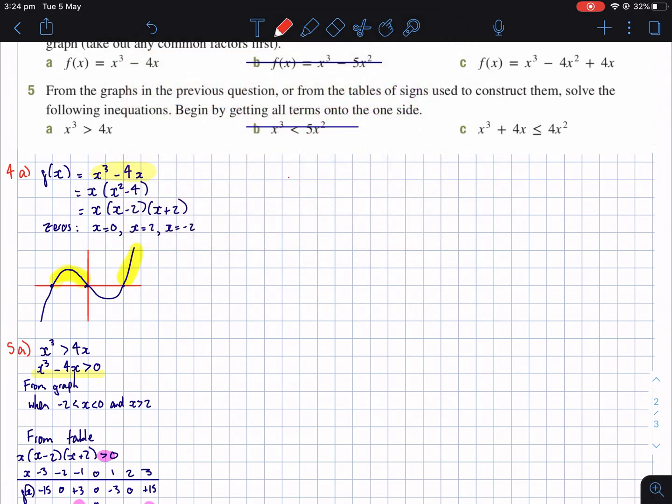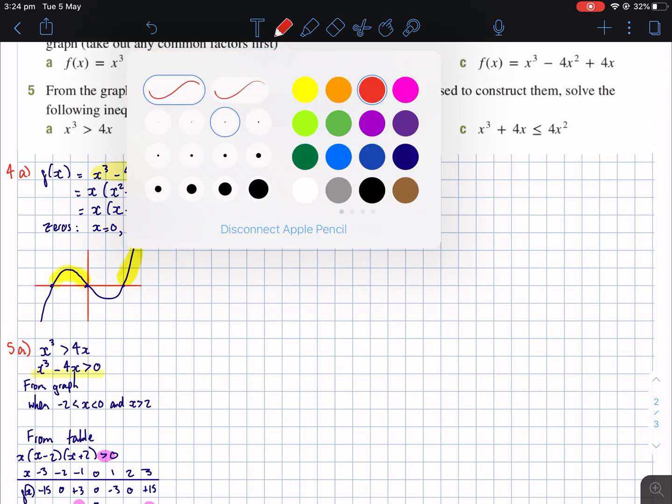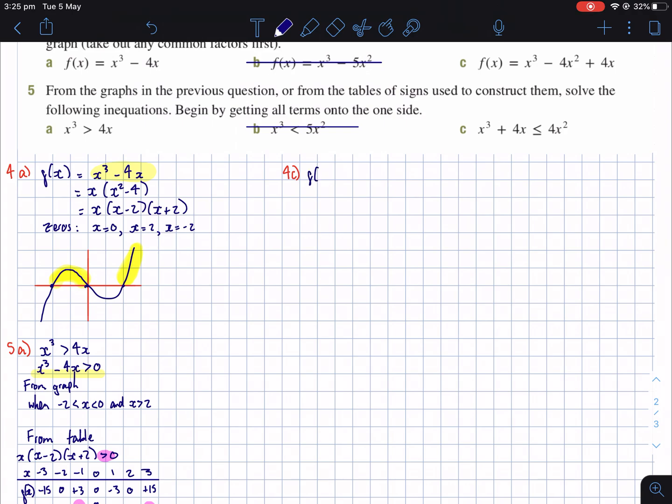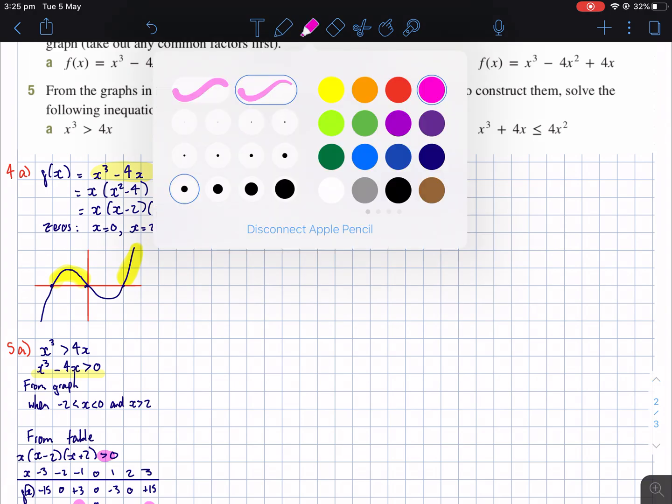All right, let's now do C. So we've got f of x equals x cubed take 4x squared plus 4x. And let's take x out. So we're left with x squared take 4x plus 4. Now I recognise this straight away.